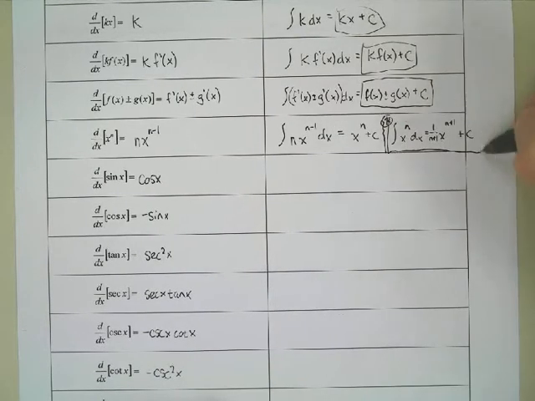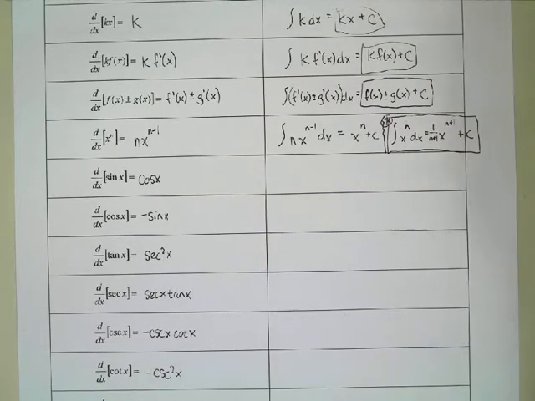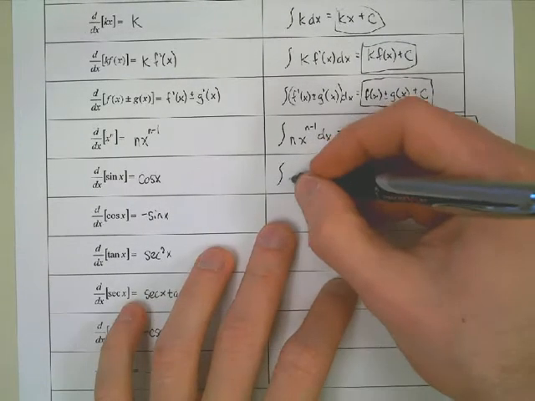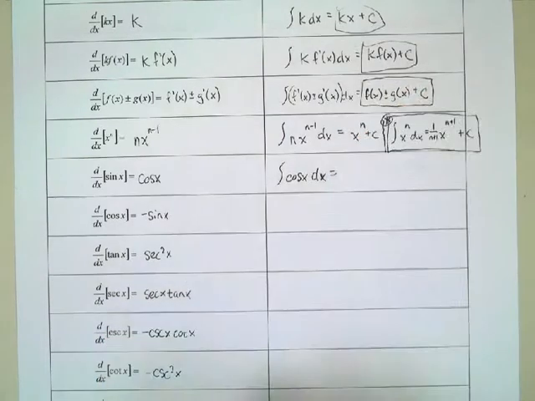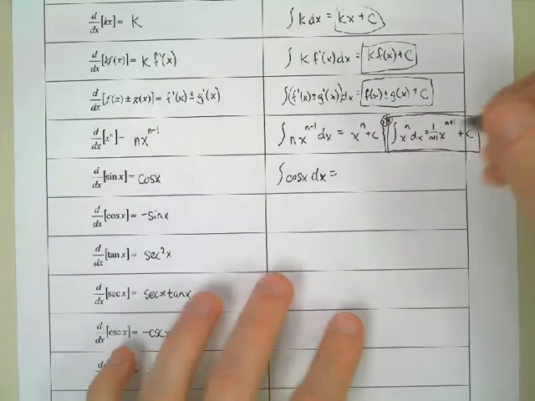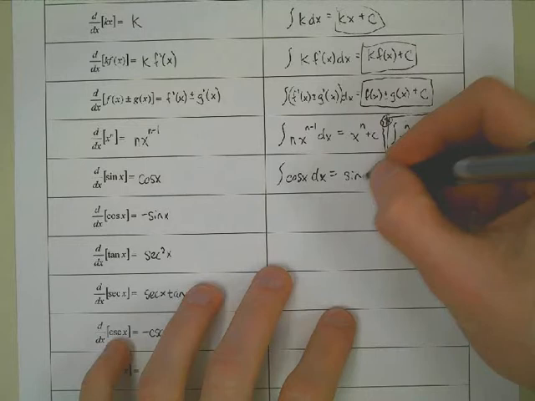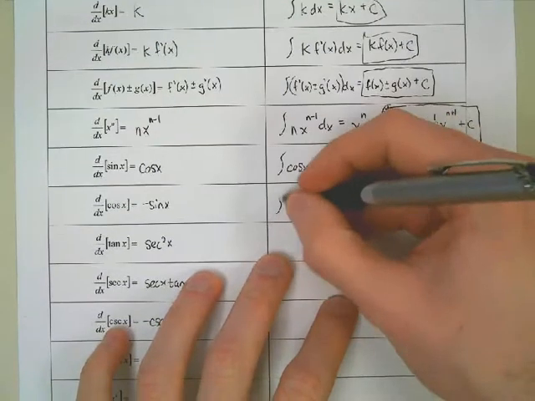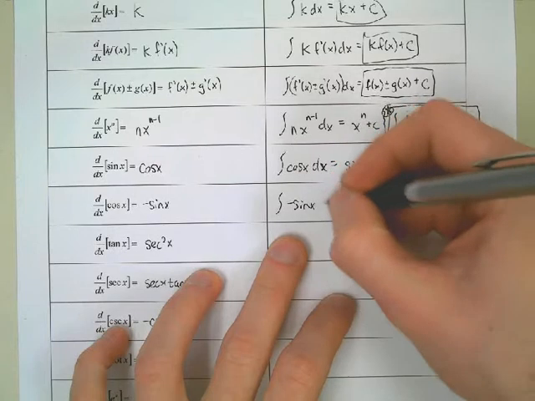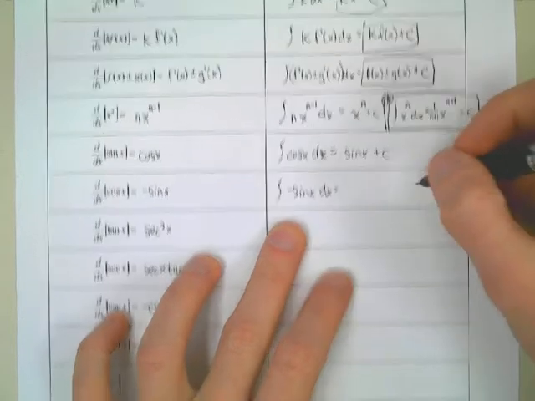All right, integral of cosine of x with respect to x. And we'll see more of that here in a second. Integral of cosine of x with respect to x is sine x plus c. Integral of negative sine of x with respect to x is cosine x plus c.